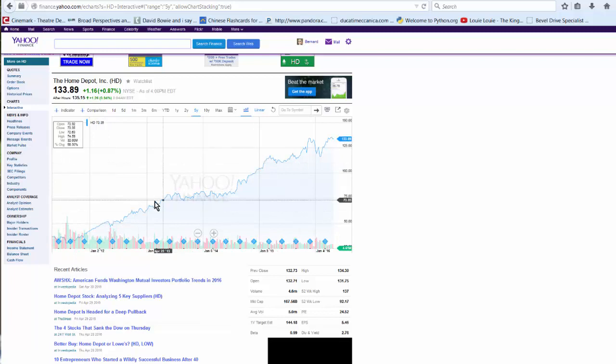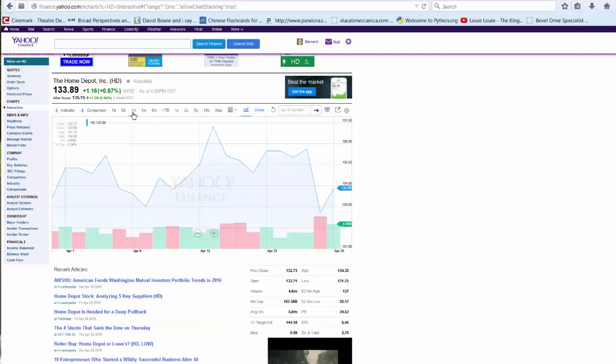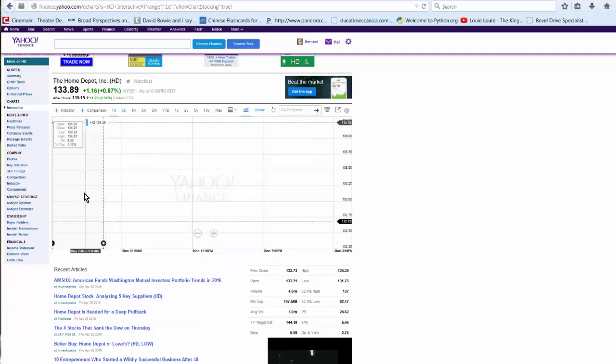It looks like generally the stock is drifting up, trending up. Here I can see what it closed at, 133.89, and we can look at 1 month. Now, 1 month it's a little bit up and down, random. 1 day, we don't have that day because it's not opened yet.